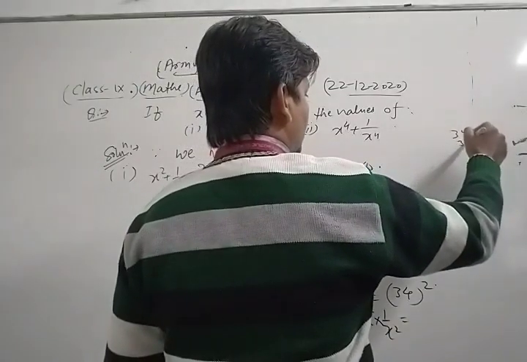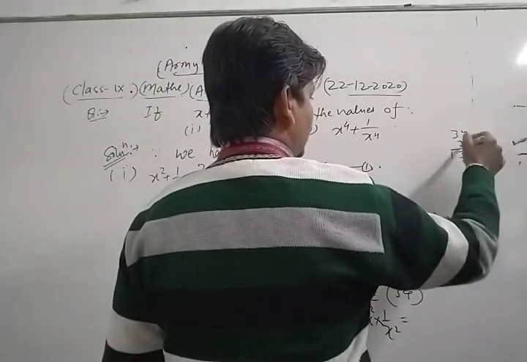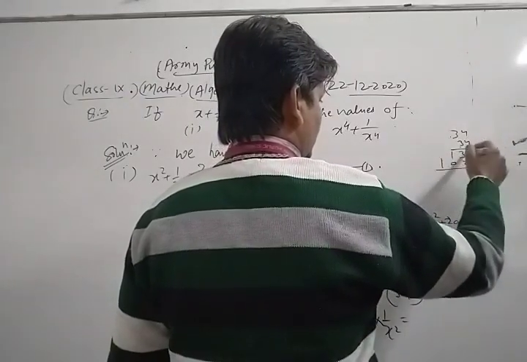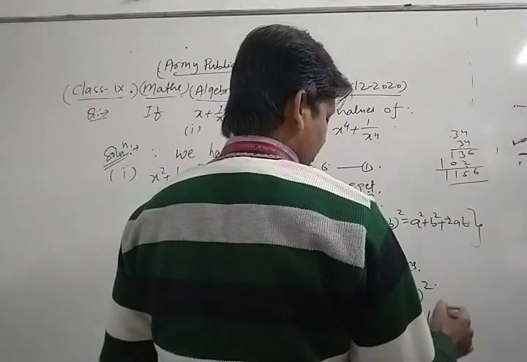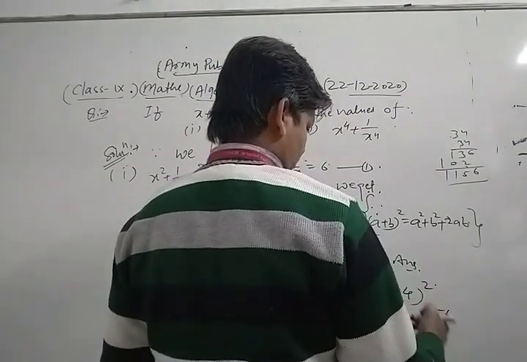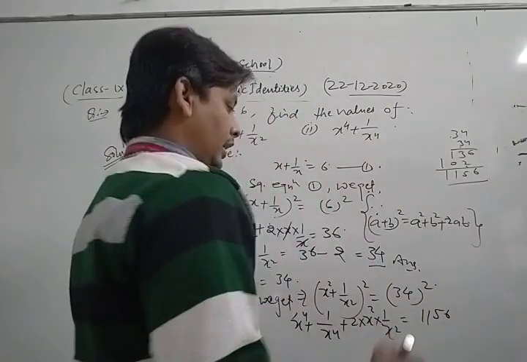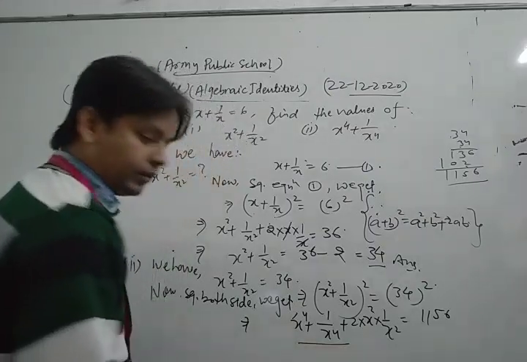Let's see, 34 into 34 is 1156. Okay, now we find the value.